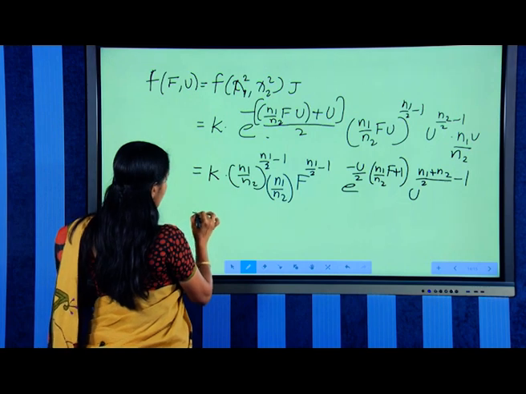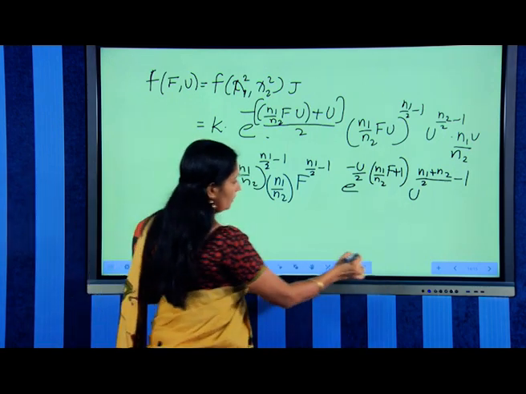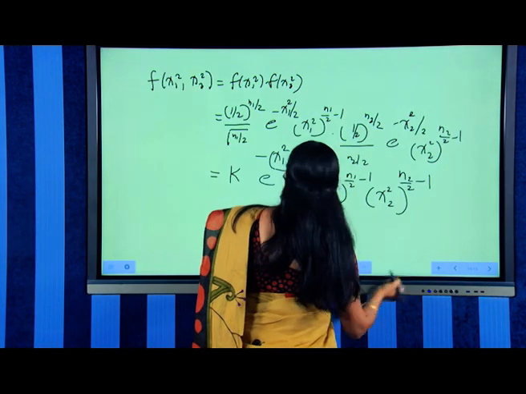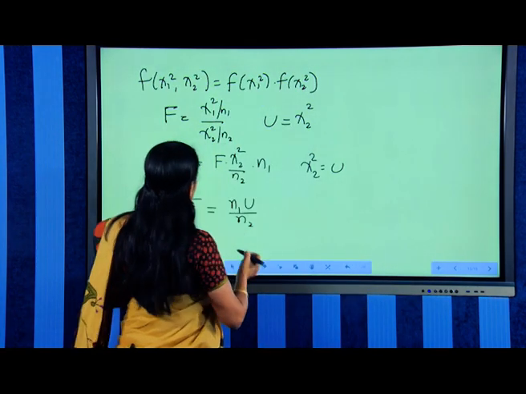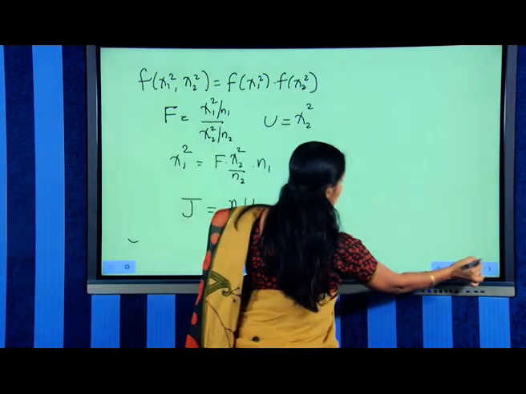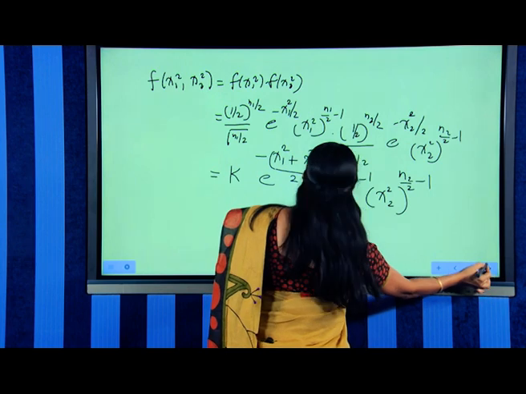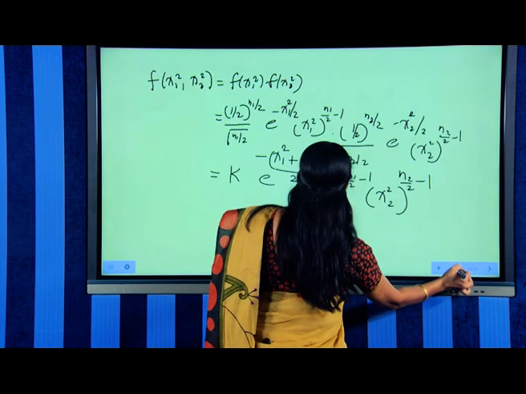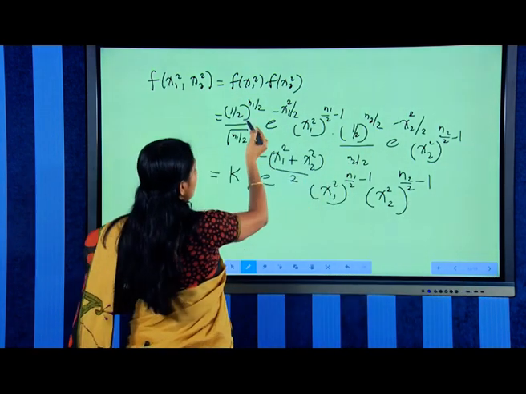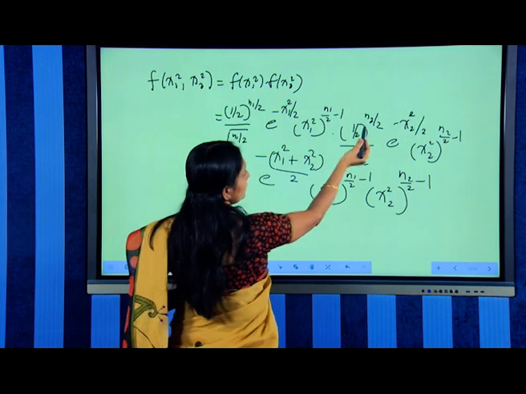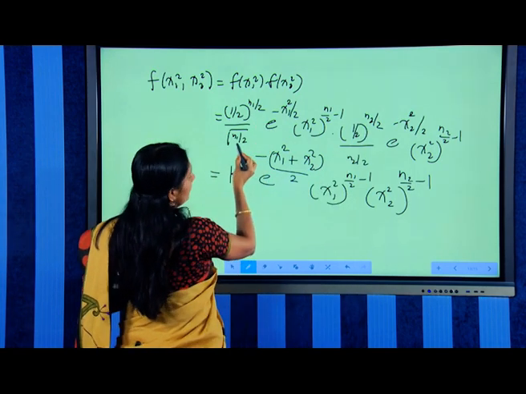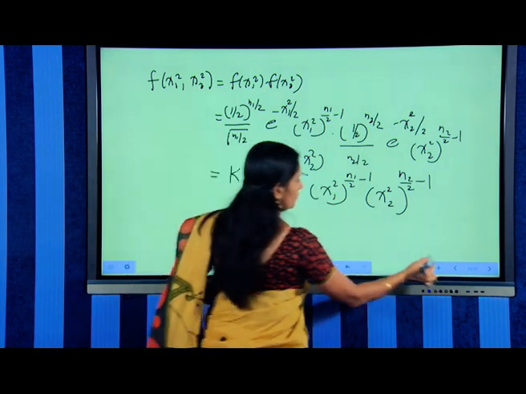This is equal to our k, where k is equal to 1 by 2 raised to n1 by 2 into 1 by 2 raised to n2 by 2 divided by gamma n1 by 2 into gamma n2 by 2.